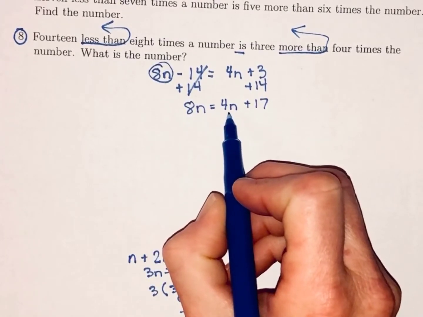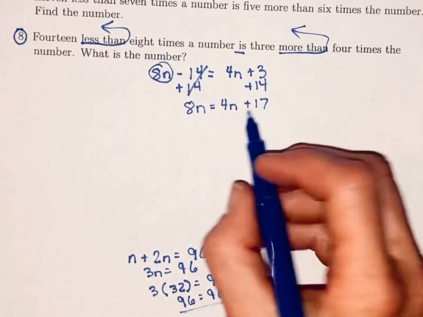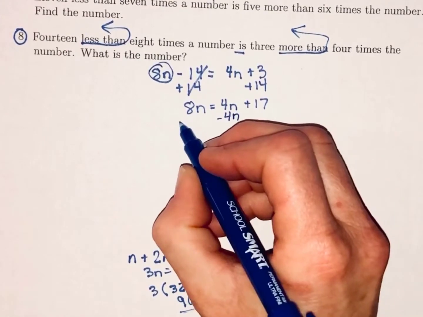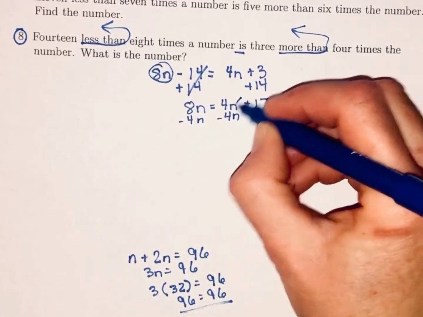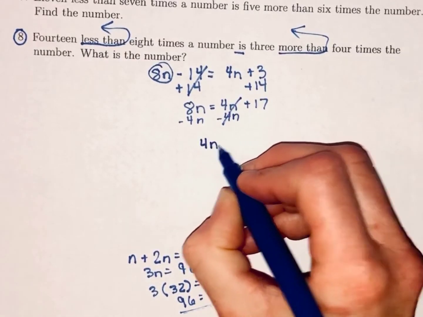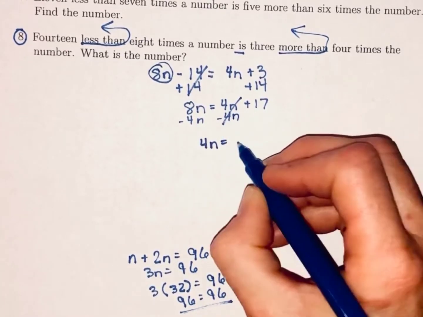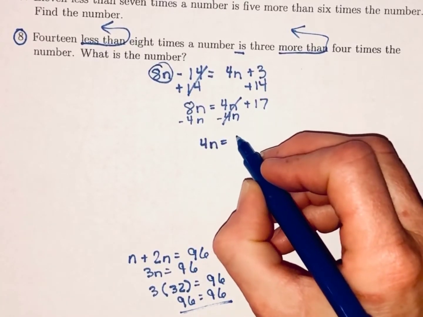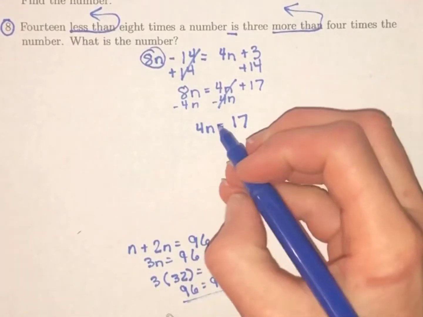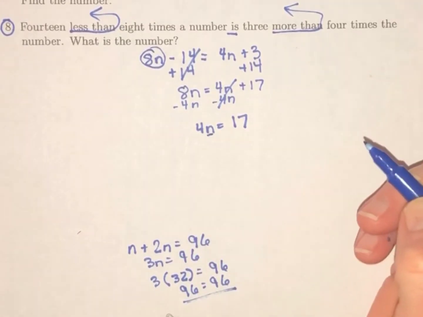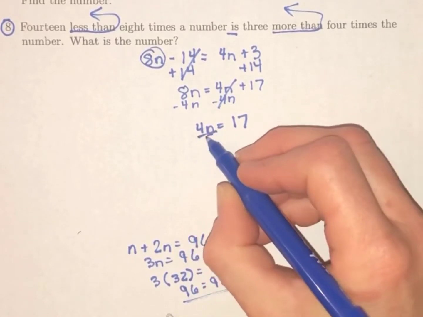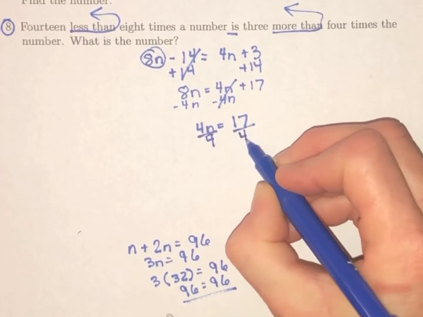So in order to do that, I'm going to take away 4n from both sides. Gets rid of that. So now I have 8n minus 4n is 4n equals 17. To get the n all by itself, I need to do the opposite of times 4, which is divided by 4. So I'll divide both sides by 4.